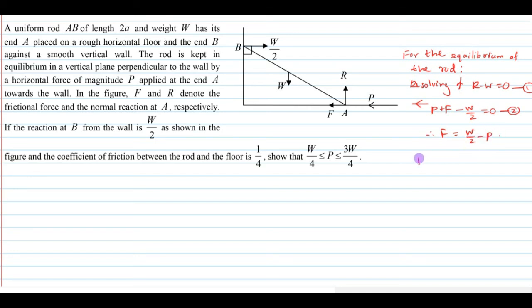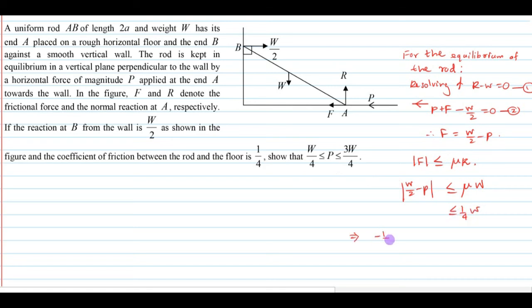For the equilibrium of the rod, modulus of F is less than or equal to mu R. We can substitute F here: modulus of W over 2 minus P is less than or equal to mu R, that is, mu W. Mu for this is 1 by 4, so we can substitute 1 by 4 for mu.